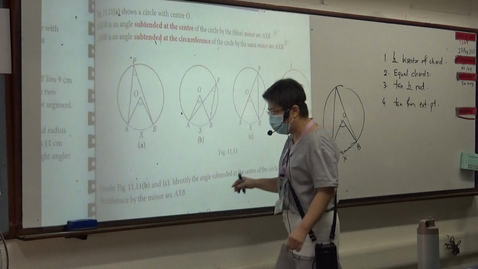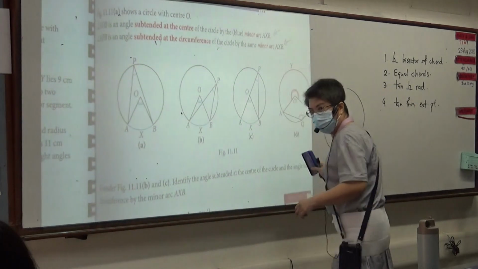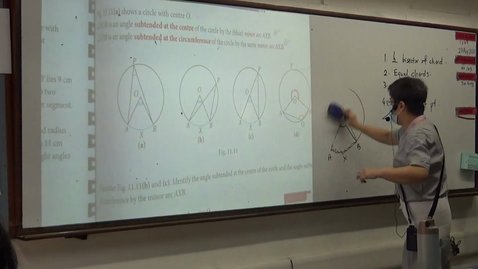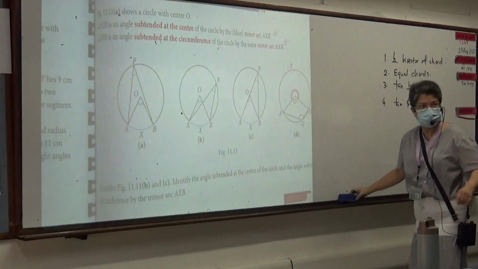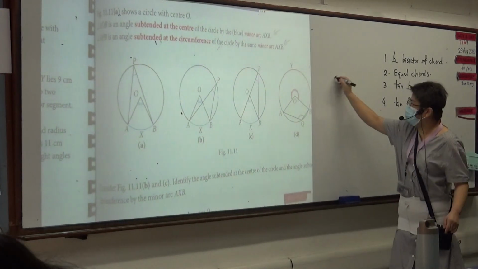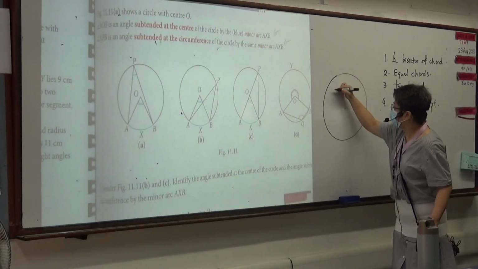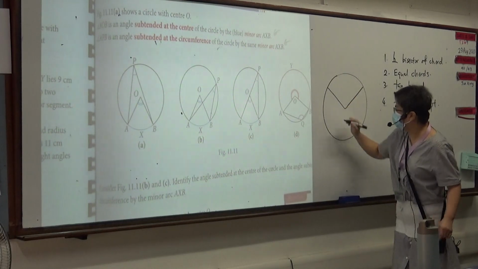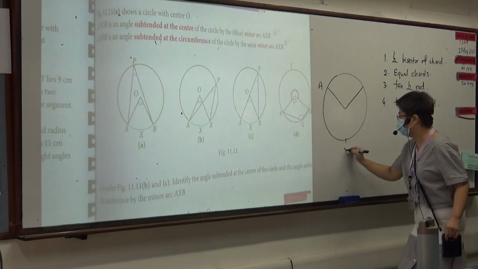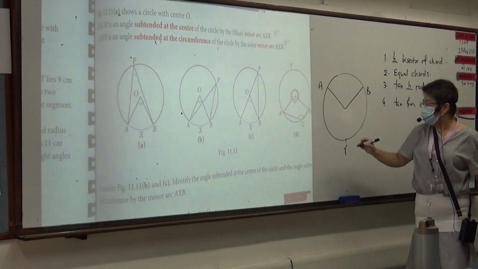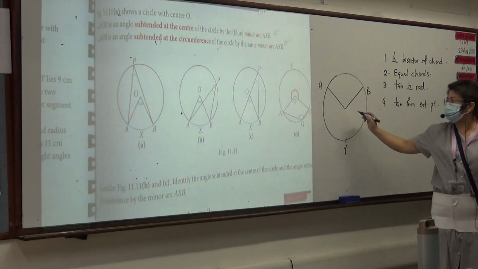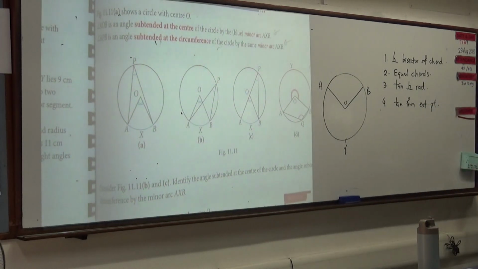I'm going to draw over there. Okay, now all of you look up. Can you tell me which angle is subtended by the arc AYB?